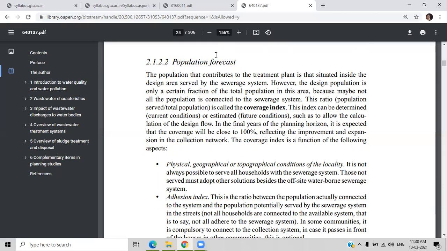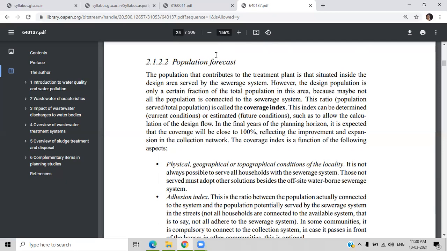The second is the adhesion index. This is the ratio between the population actually connected to the system and the population potentially served by the sewerage system in the streets. So the adhesion index is defined as the population actually connected with the collection system as compared to the population served by that particular system.